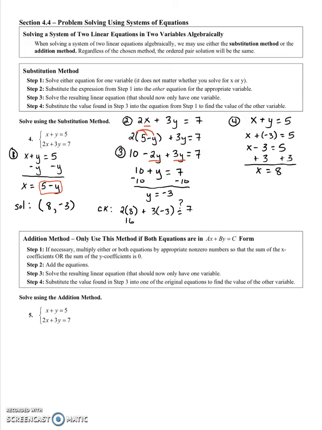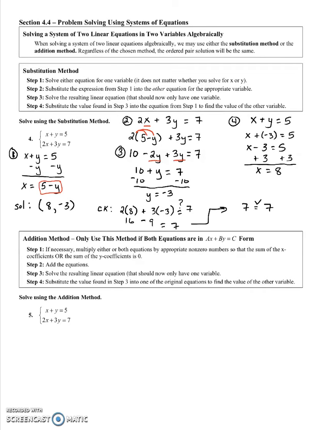So we have 16 minus 9, and we need to know if that equals 7. And the answer is yes, it does. So we definitely have a solution. That's how we do the substitution method.